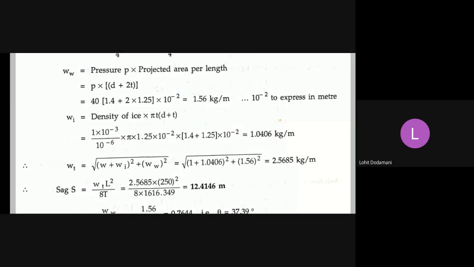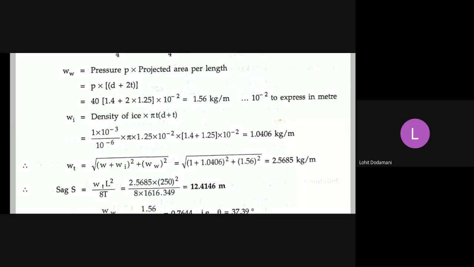The total weight WT is the root of W plus WI whole square plus WW square. That means the vertical component squared plus the horizontal component squared.